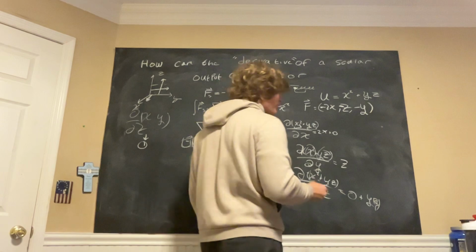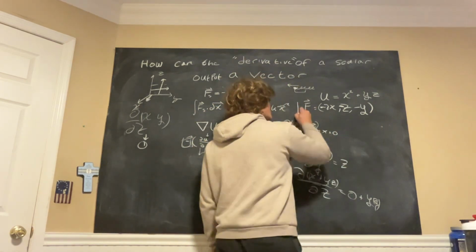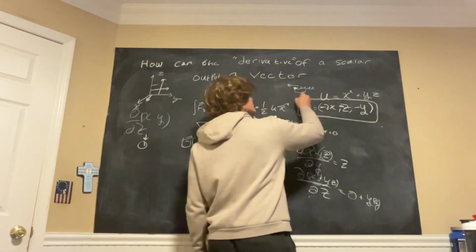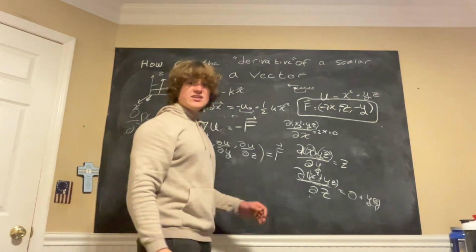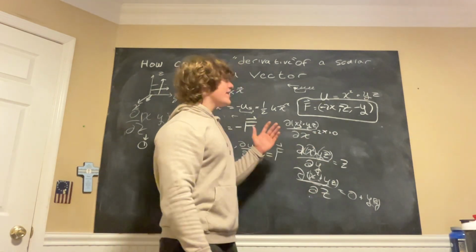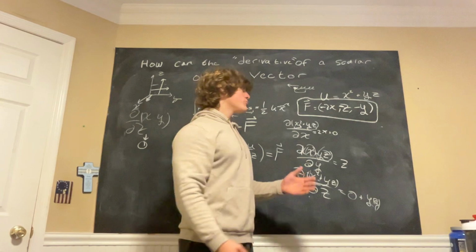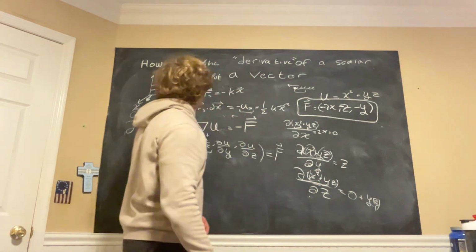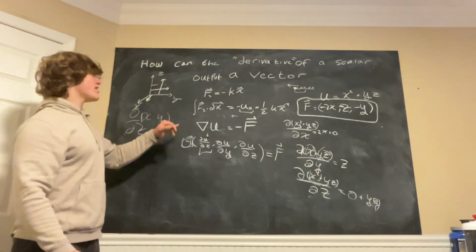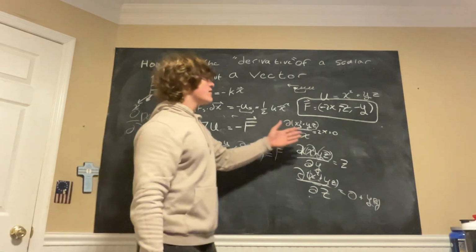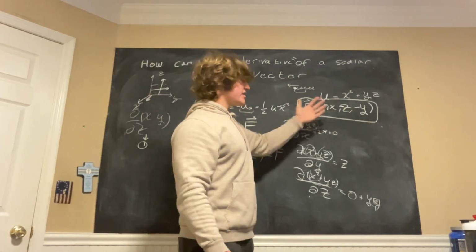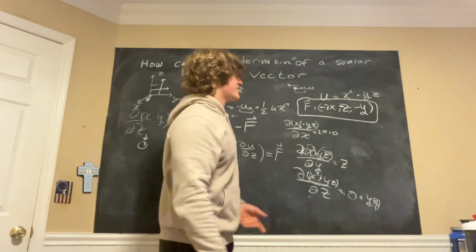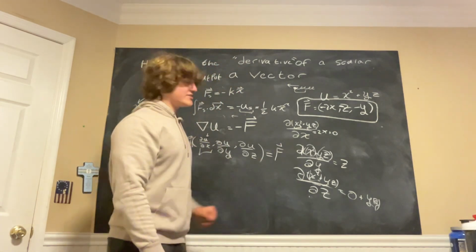So our equation for our force vector is negative 2x, comma, negative z, but that is in the y direction, and then comma, negative y, which is in our z direction. So if you move, you will get a different force for your z direction if you move along a certain point in your y direction. So this is our final answer.